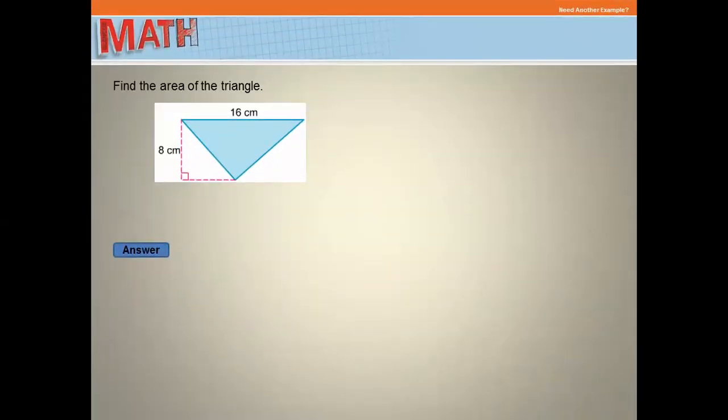Find the area of a triangle. Now, the triangle's base is 16 centimeters and the height is 8 centimeters. What shall I do? First of all, I have to write down the rule. Area equals half base height, or base times height divided by 2.